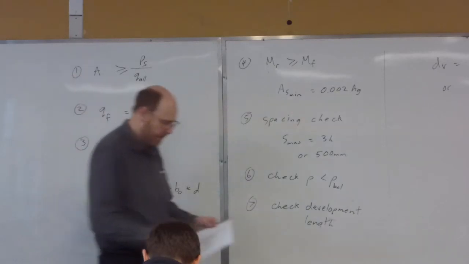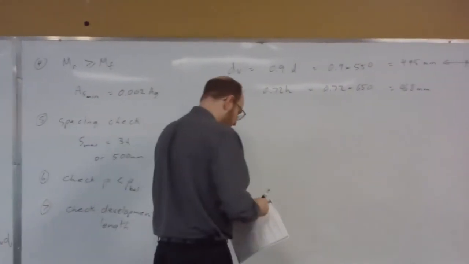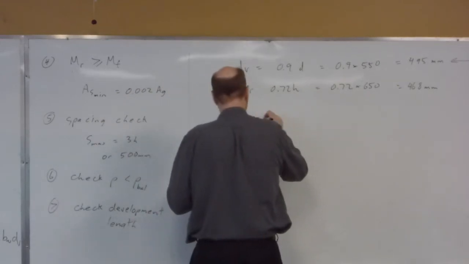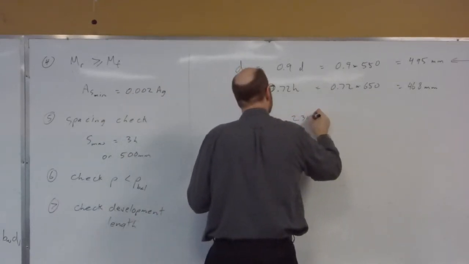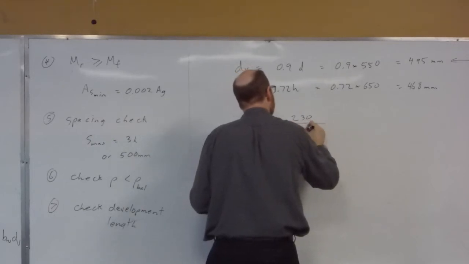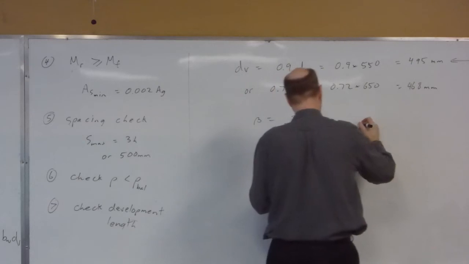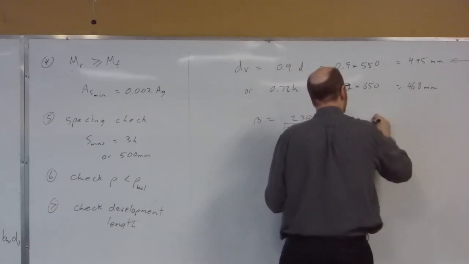The last thing we need to calculate is our beta. Beta is 230 divided by 1,000 plus dv. As I plug in 495 millimeters into here, this works out to be about 1.5.